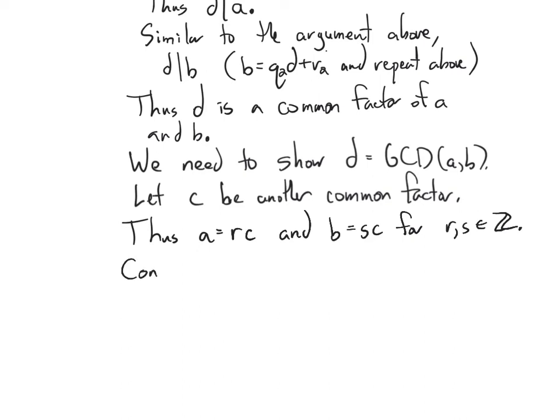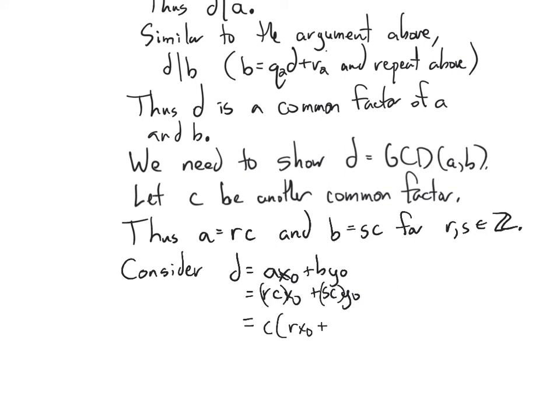Now consider, we know we can write D as AX naught plus BY naught, which, well, A is R times C, so this is RC times X naught, and then this is SC times Y naught, since B equals S times C. But we have a common factor of C, so let's pull that out. So that is C times (RX naught plus SY naught).